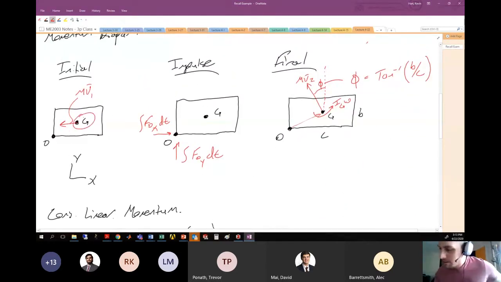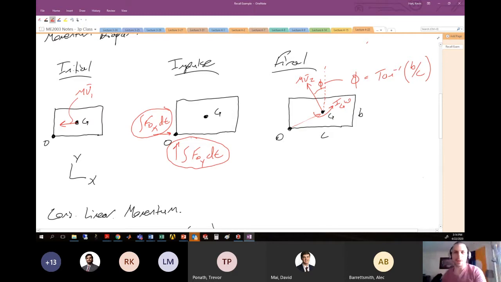So here's center of gravity, center of gravity, center of gravity. Here's point O, point O, point O. All right. If I were to do this particular analysis about the center of gravity, I'd have some annoyance when I went to the impulses. Namely that if I did my analysis about point G, I would have to worry about the moments generated by these impulsive forces at O. That's annoying.